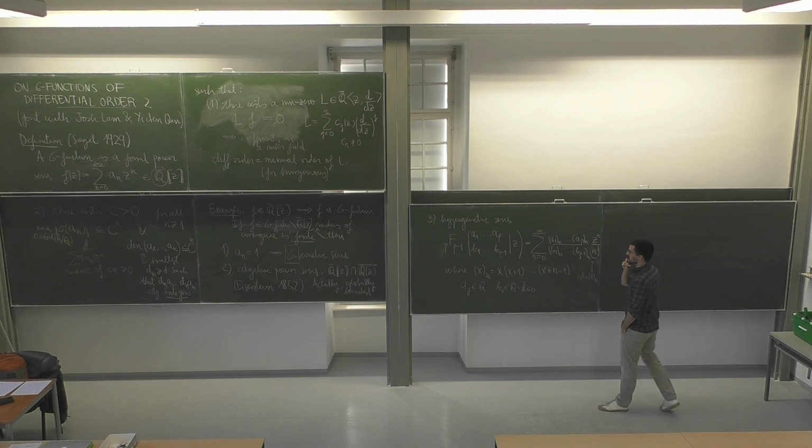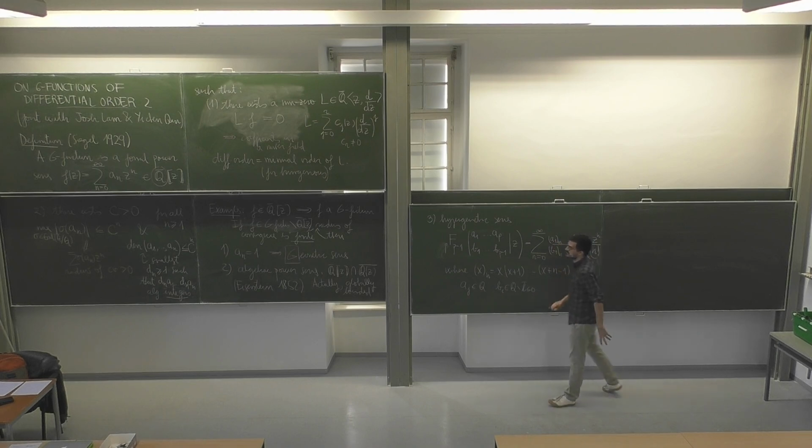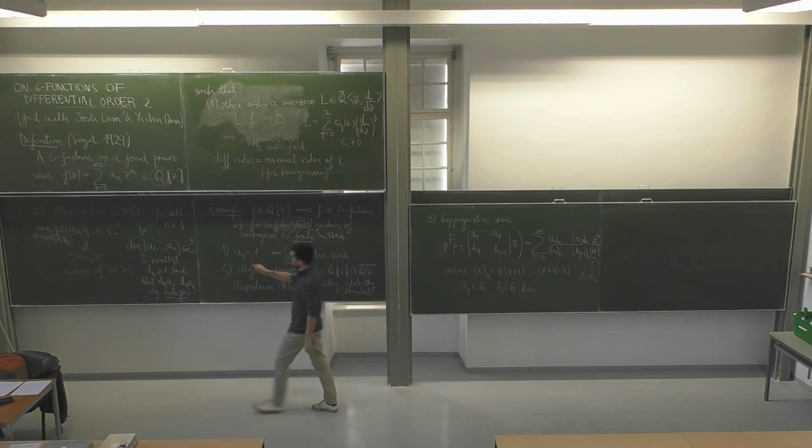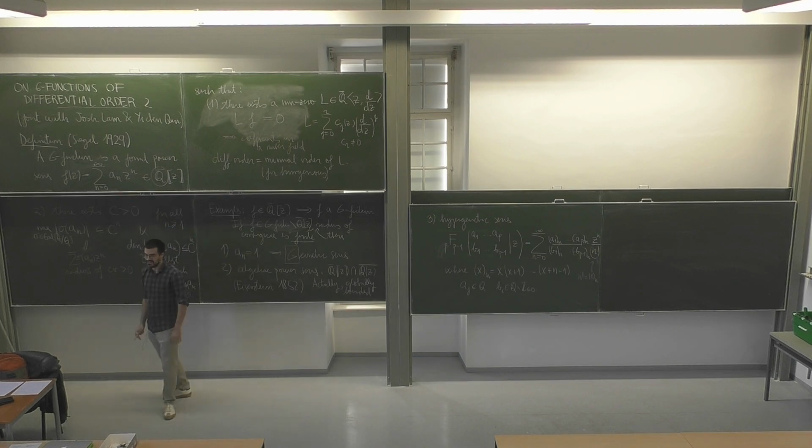And how to think about them in more conceptual terms. These are power series with the property that you look at the coefficients a_n, and you look at the quotient of two successive coefficients, a_{n+1} divided by a_n. And the property is that this is a rational function of n.